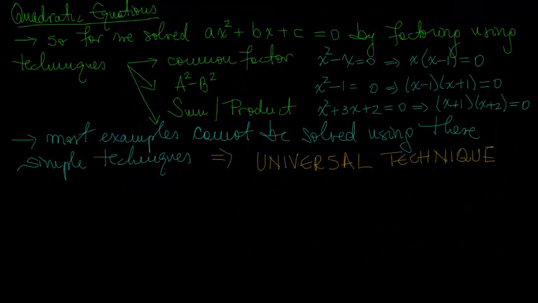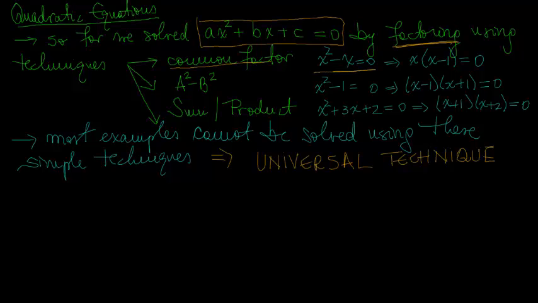We now focus on solving quadratic equations, namely equations of the form ax squared plus bx plus c equals 0. So far, every example that we've encountered, we solved by factoring using one of the 3 techniques that we learned, namely the technique of factoring out the common factor.